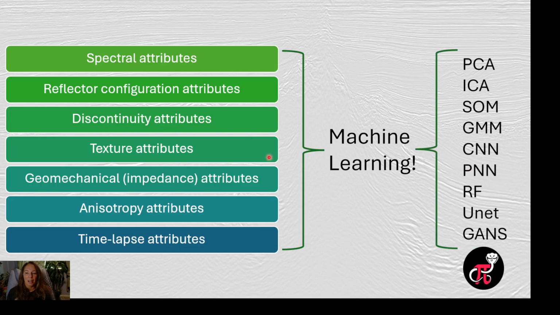And so in my research group, we've been focusing on dozens of different machine learning attributes. So from dimension reductions like principal and independent component analyses and SOM, to unsupervised methods, semi-supervised methods, supervised methods like random forest, neural networks, like convolutional and probabilistic neural networks, UNet, GAN. So there's a lot that can be done.